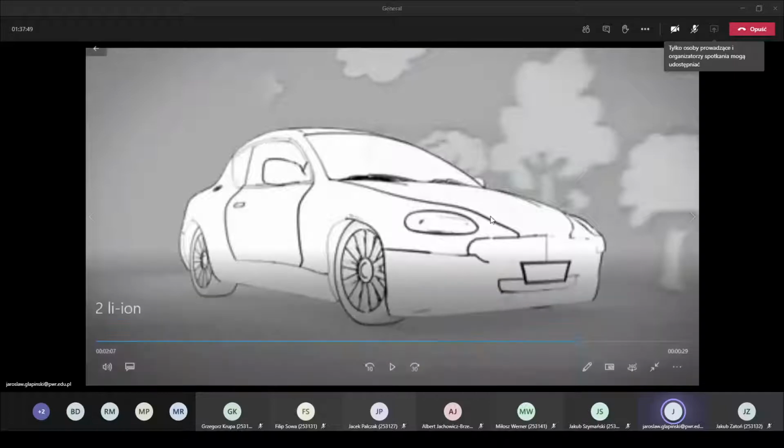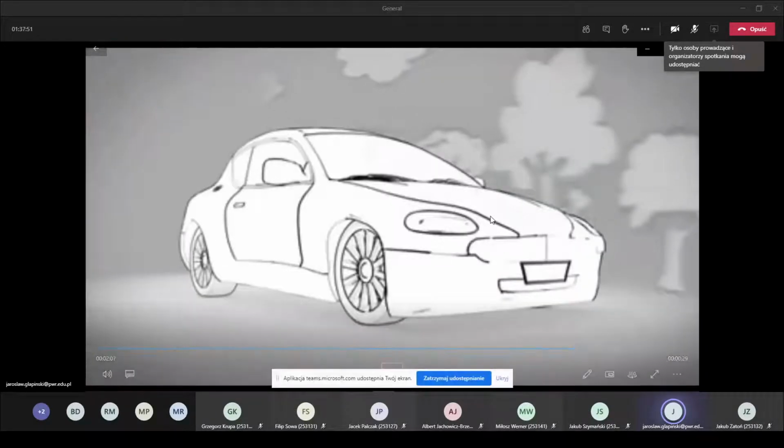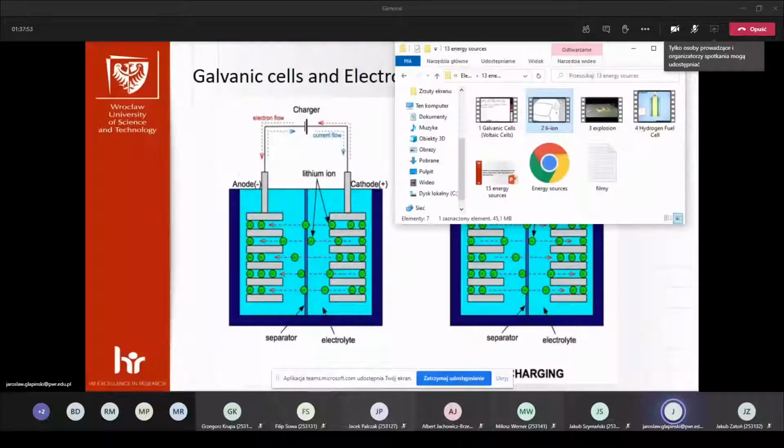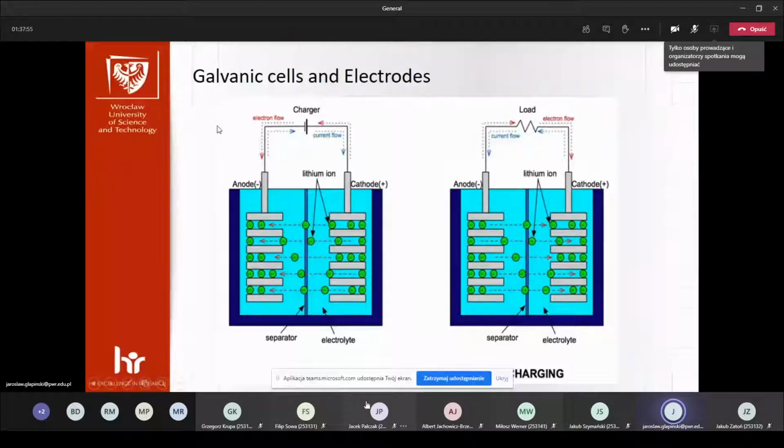Okay, so if you could see, the battery is made of two materials that can store the ions. Yes, the lithium ions. So in the process of charge, we move the lithium ions from cathode to anode. How they are built, on the next slide.